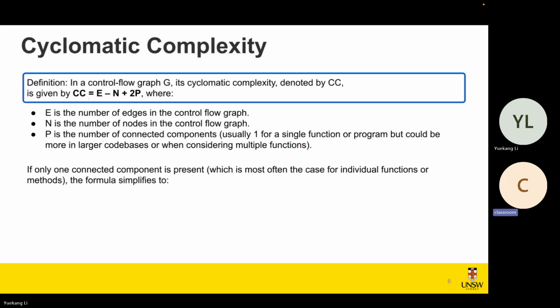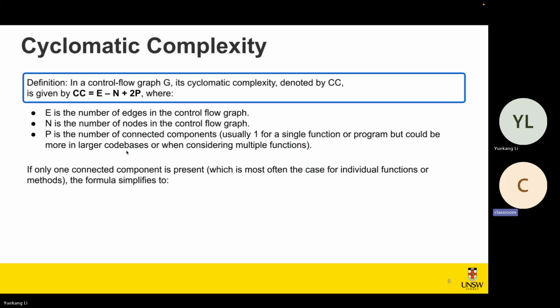So normally for one function, we only have one connected part. Every subgraph is connected together as an entire big graph, so we don't really have subgraphs for unit level control flow graphs. So P here is just 1.